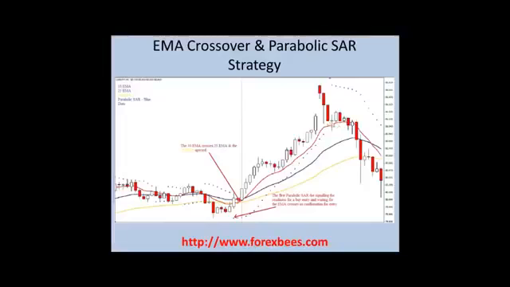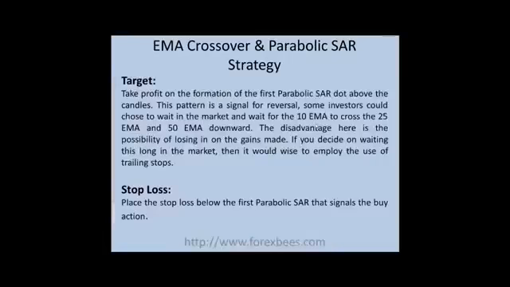But if you exit at this point where the first parabolic SAR dot formed above the candlestick, you can get until this much profit. So it really depends on you whether you want to exit when the first opposite parabolic SAR dot formed, or wait until the 10 EMA crosses the 25 EMA and 50 EMA. It is really up to you.